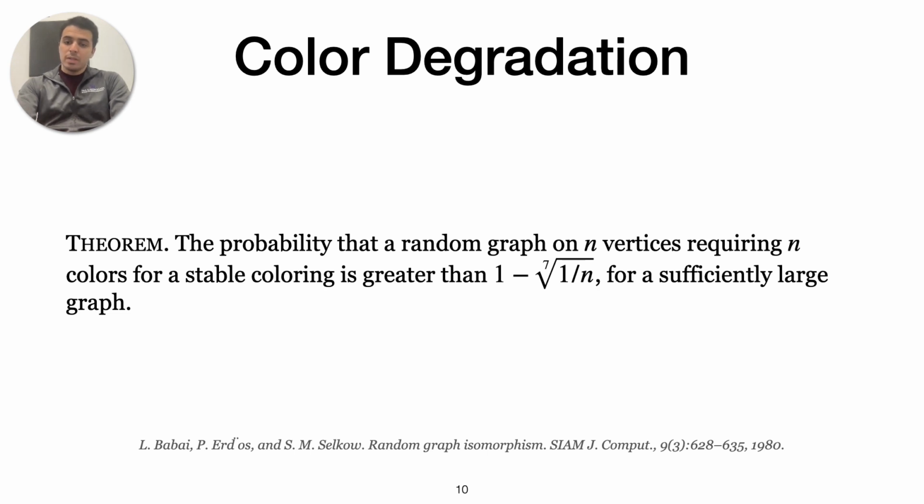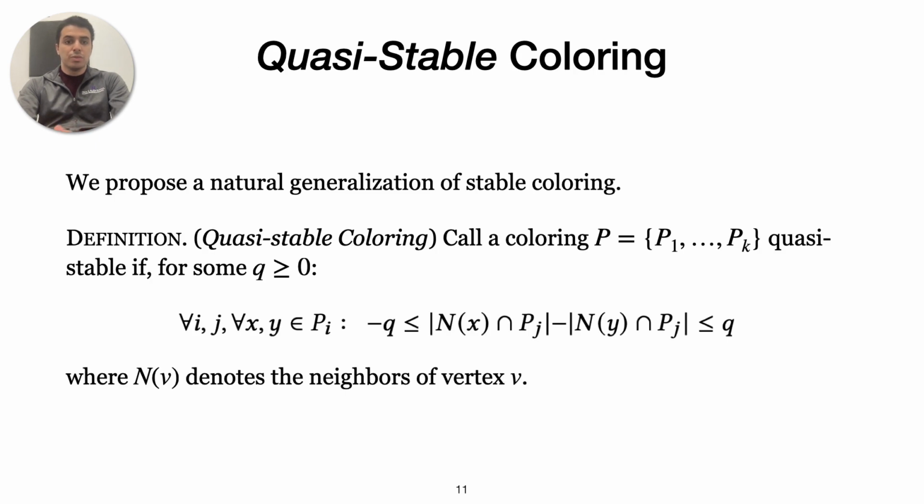Okay, so to allow these colorings to be used for real-life graphs, we introduce quasi-stable coloring, right? So this is a generalization in which we loosen the requirements such that two nodes in one color do not have to have the same number of neighbors, just a number of neighbors that differs by some constant, right?